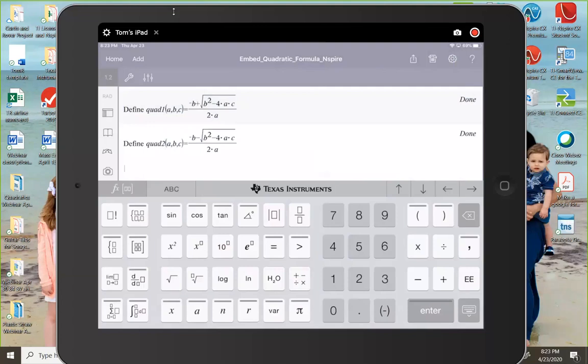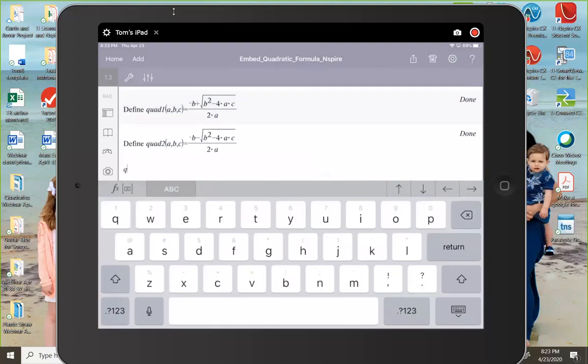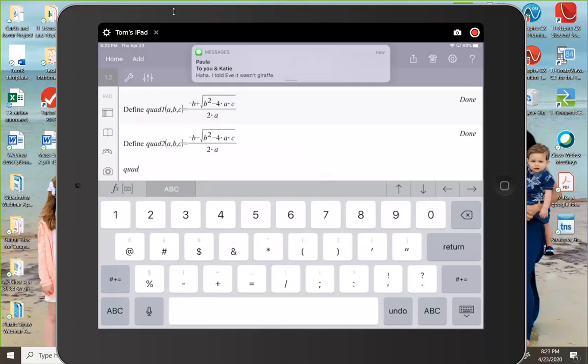So for example, if I type in quad, Q-U-A-D, you'll notice it's all italicized. Watch what happens when I press the number 1. It becomes bold, meaning it's been defined. And let's say I wanted to solve x squared minus x minus 6 equals 0.